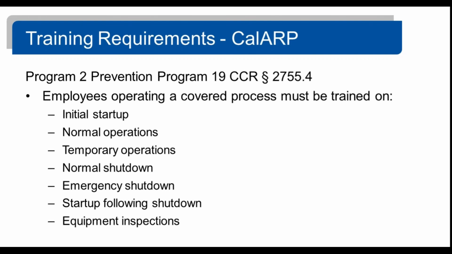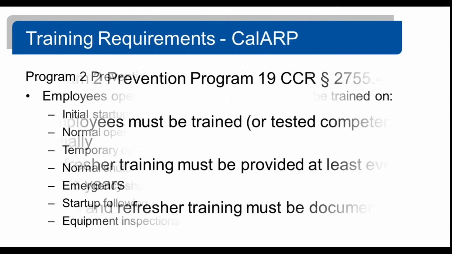And again, these training elements are not for all operations at a facility, but specifically only those covered processes which are subject to CalARP. So if your process is not covered under CalARP, your employees that operate these systems would not necessarily need to be trained on these elements. It's only for those covered processes.